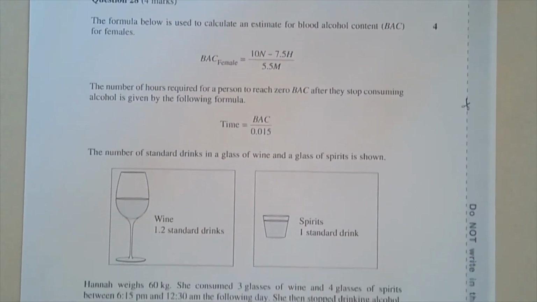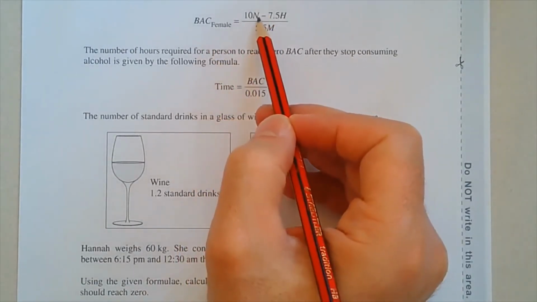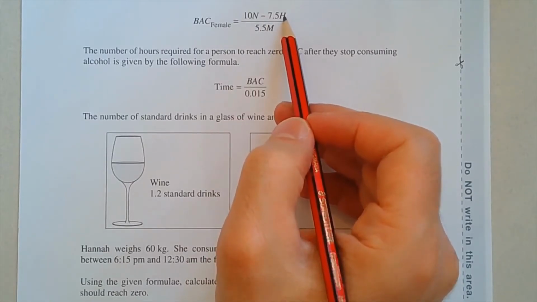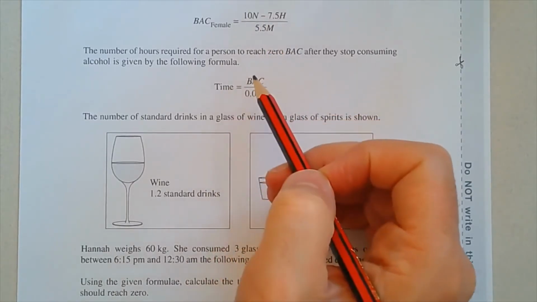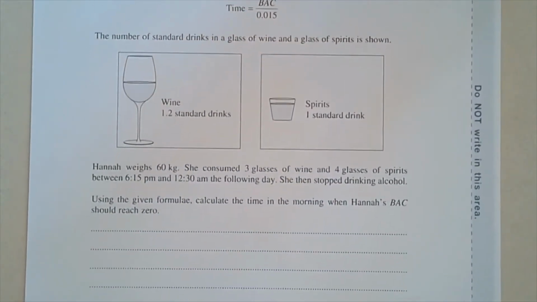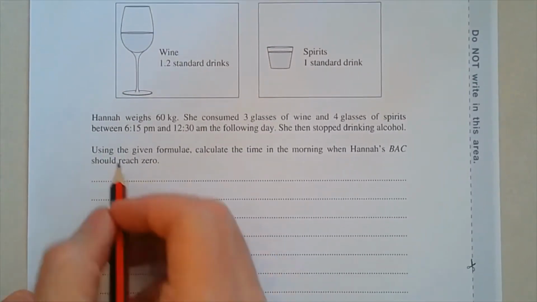So let's just quickly recap this formula. The BAC formula: N is the number of standard drinks, H is the number of hours drinking, and M is the body mass of the person. So let's work out first of all how many standard drinks were consumed.